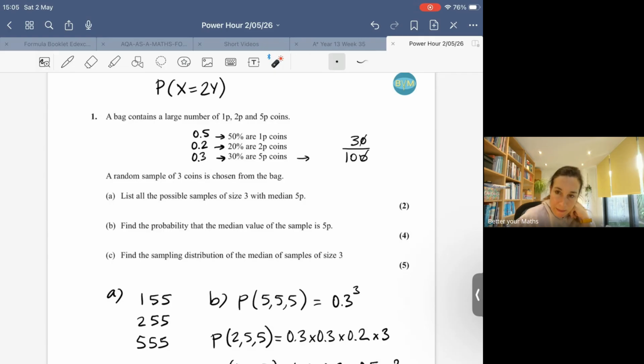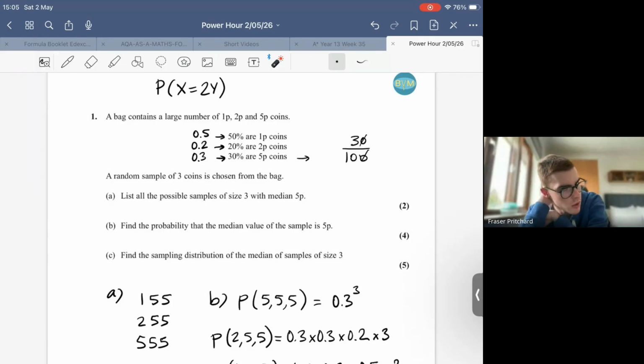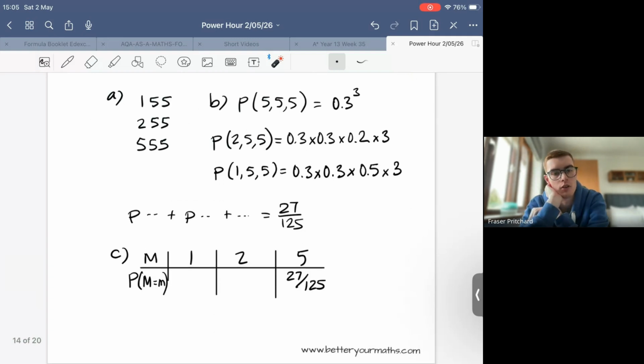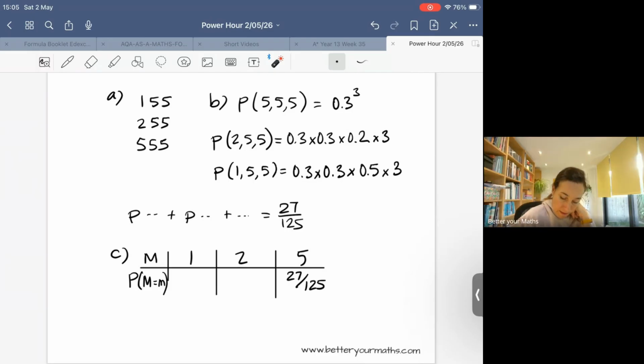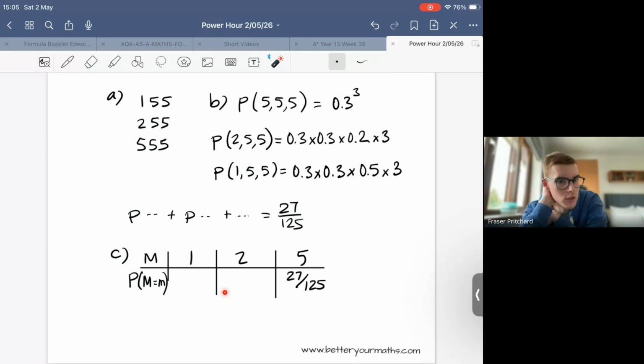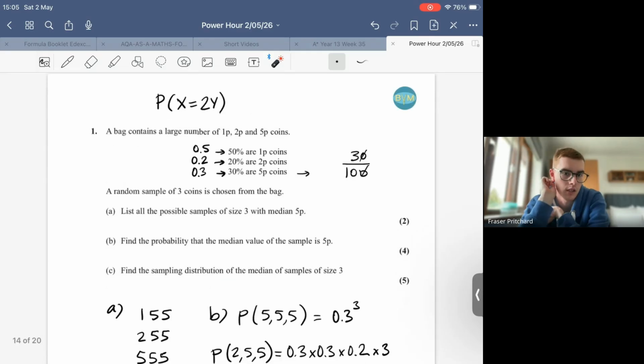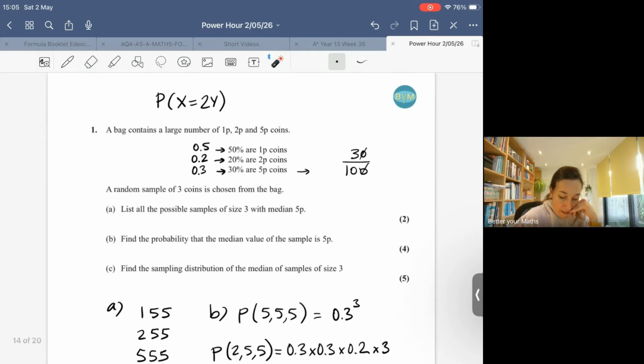Fraser, tell me. Because they're making you do a sampling distribution, could you have treated it as one of them to begin with, or not? What do you mean? If you had discrete random variables, you often use a sampling distribution. Could you have treated it like that or not? But this is a discrete distribution. Yeah, but in part A, could you have worked out the list of all the possible values of sample with median P?